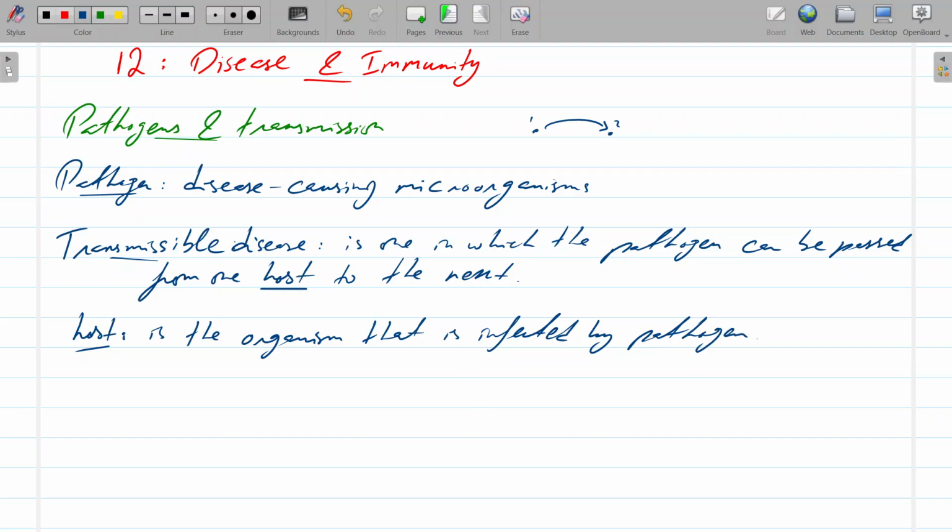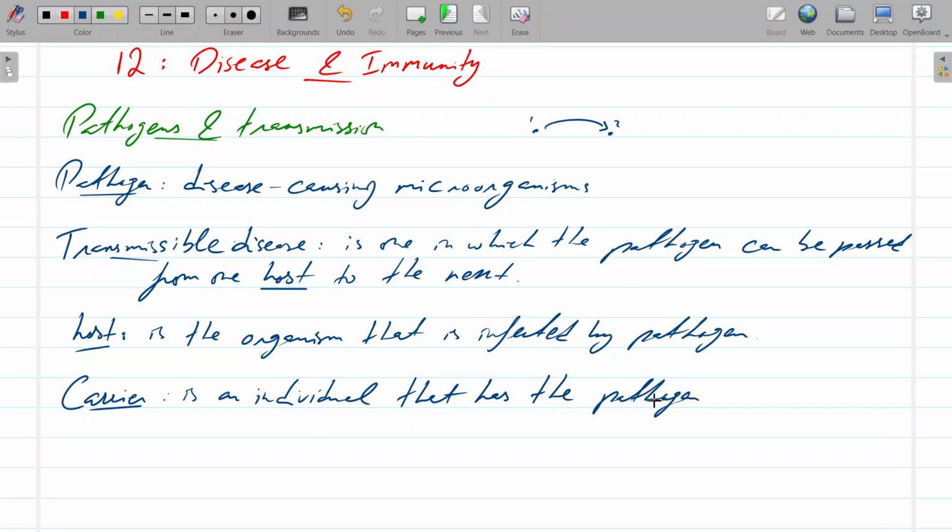Okay, I'll introduce some more. A carrier is an individual in the case of humans, or an organism that has the pathogen in the body but is not infected.